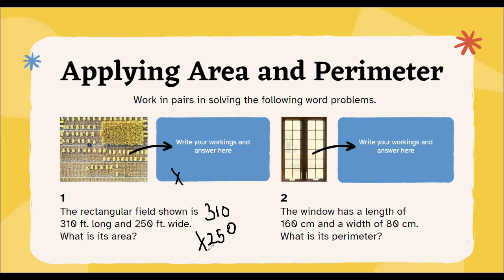You have to calculate, don't do that much, okay? Just do 31 into 25. You can try the normal method as well.